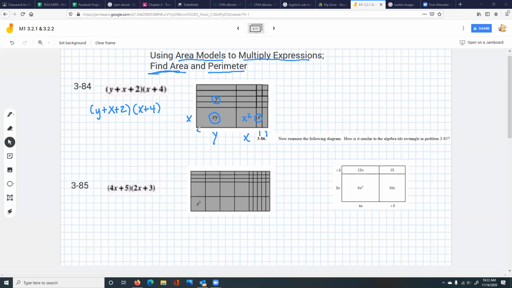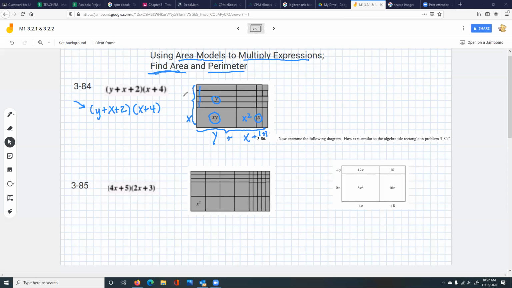So if I were to add this length up, I would get y plus x plus 2, right? y plus x plus 2, which is right here. So that length represents this expression right here, y plus x plus 2. Now, if I do the width here, I've got an x here, and I've got little ones, units, 1, 2, 3, 4.